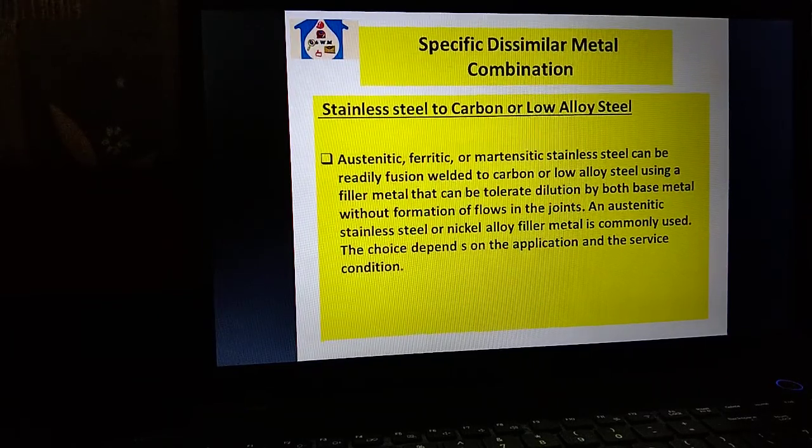Austenitic stainless steel or nickel alloy filler metal is commonly used. The choice depends on the application and the service condition.